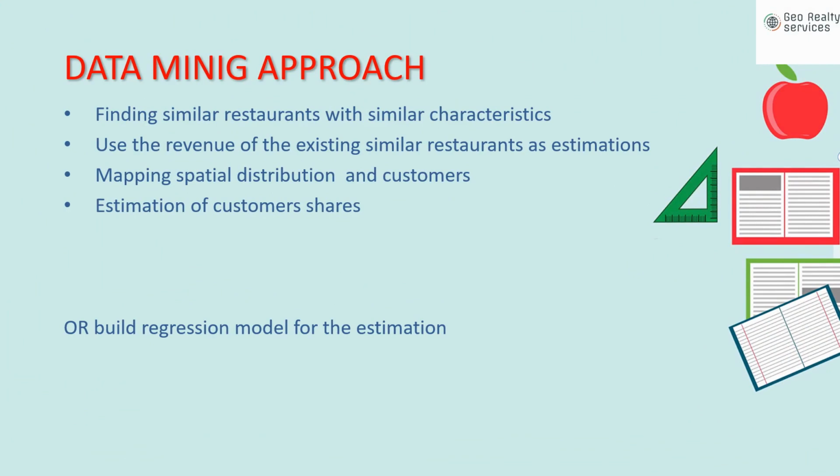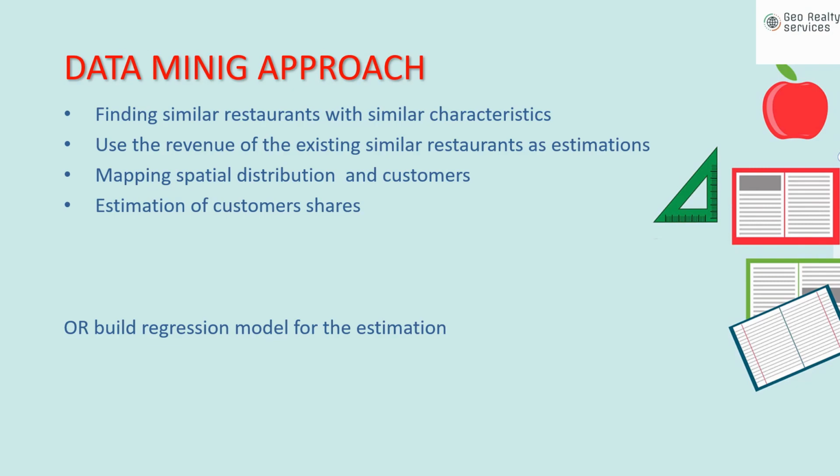On the other hand, the data mining approach is to find the existing restaurants which have a similar pattern to the new restaurant and then use the revenue of the existing restaurant as the estimation, or build a regression model of which the target variable is revenue and input variables are characteristics of the store and its location, and then use the model for revenue estimation.